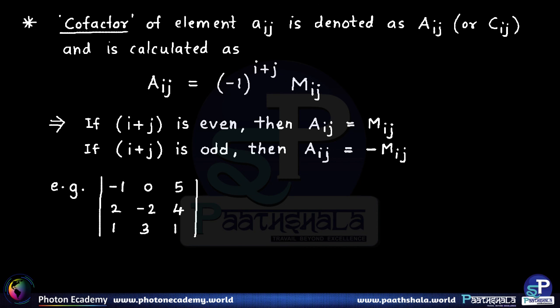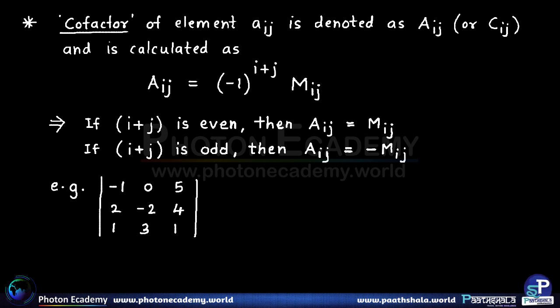So capital Aij is equal to -1 raised to i plus j into Mij. So the cofactor is nothing but the minor multiplied by a particular term, that is -1 raised to i plus j.